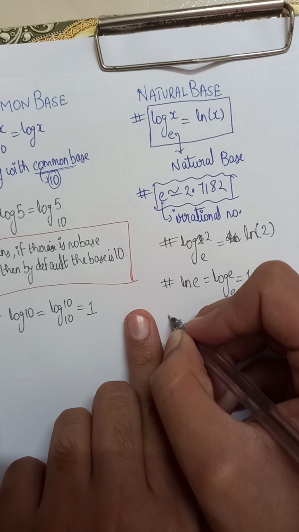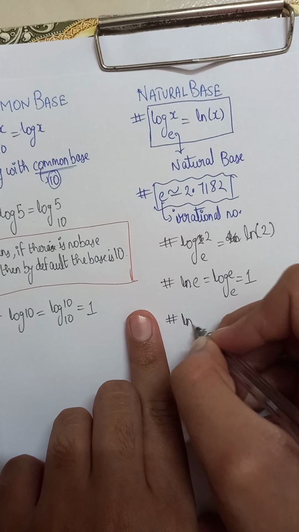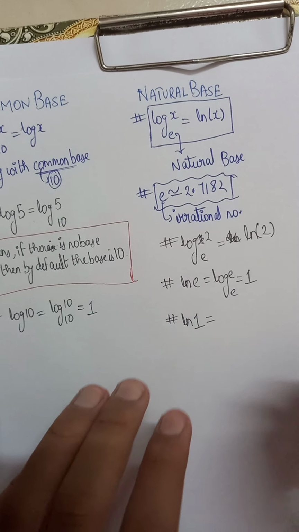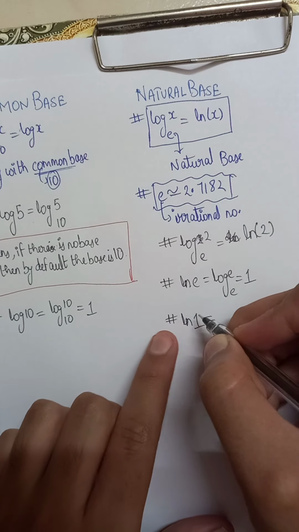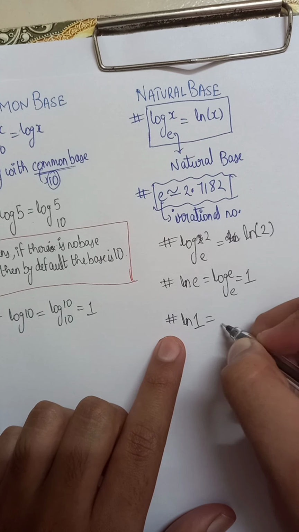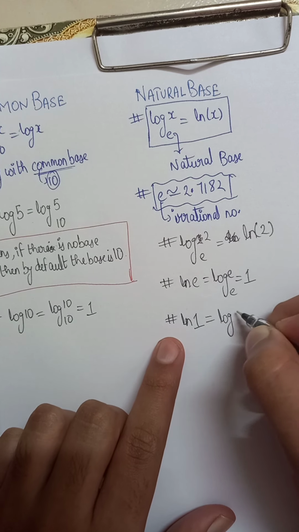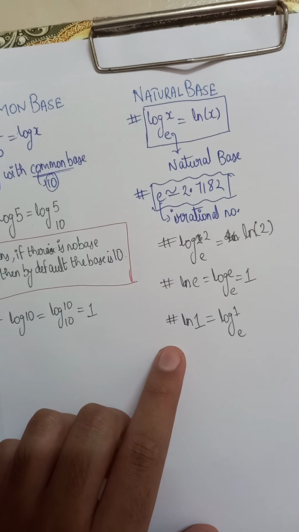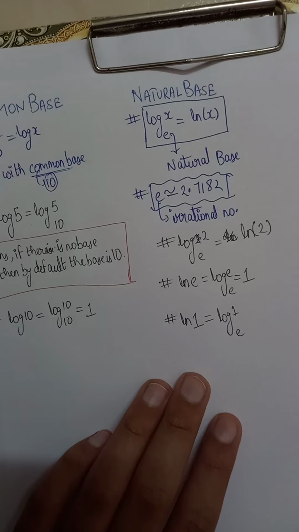Another question: what is ln 1? If you are not able to answer in this format, then convert it into this format. We can write it as log 1 to the base e.